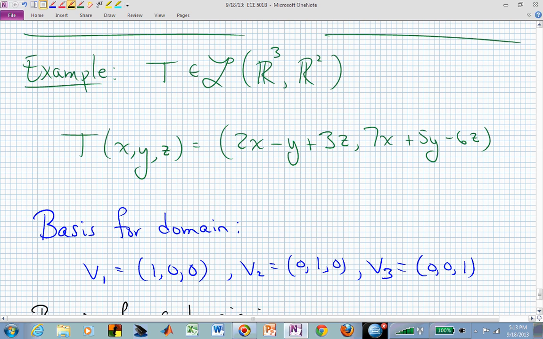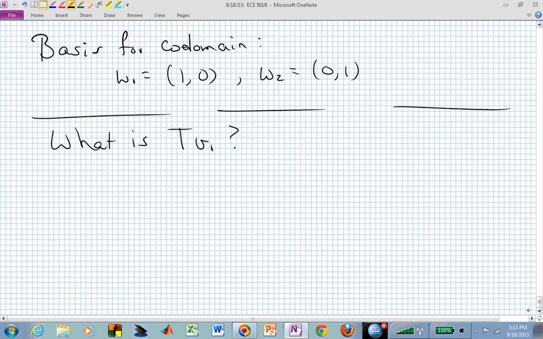And that's in the standard basis, isn't it? W1 is in the standard basis. Meaning now, if I wanted to build up that matrix with TV1, V1 is equal to (1, 0, 0). That means TV1 is going to be 2 times 1, which was 2, and 7 times 1, which was 7. Is it clear where that came from? And what is that actually equal to in terms of our standard basis in the codomain?